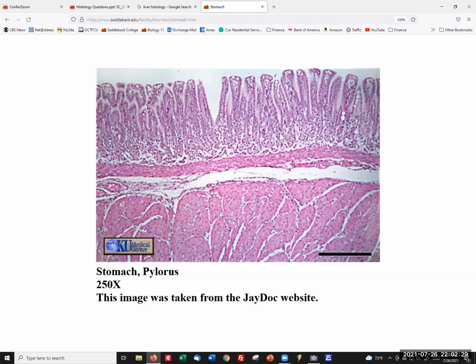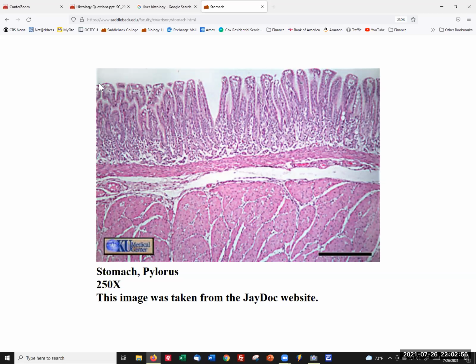These channels go down to here, down to here, down to here. The channels lead not to intestinal crypts, but to gastric pits. I'm throwing out some words that I haven't used before, and they won't be on the exam. This is to clarify something here.